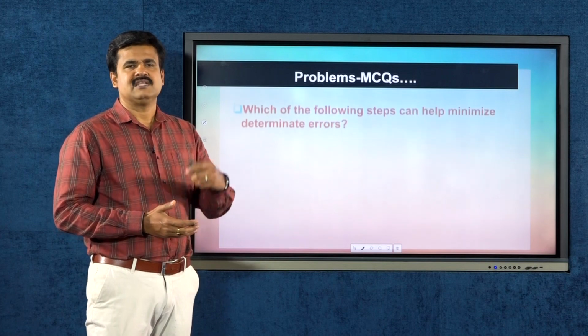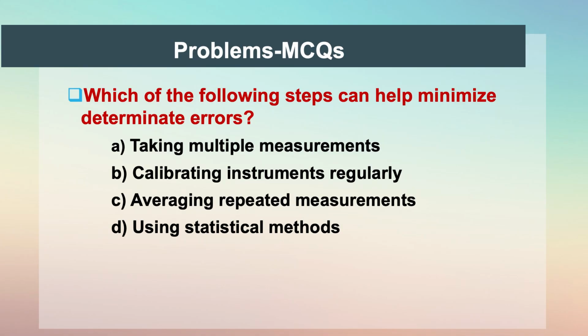Now, the second question, which of the following steps can help minimize determinate errors? These are the options: taking multiple measurements, calibrating instruments regularly, averaging repeated measurements, using statistical methods.